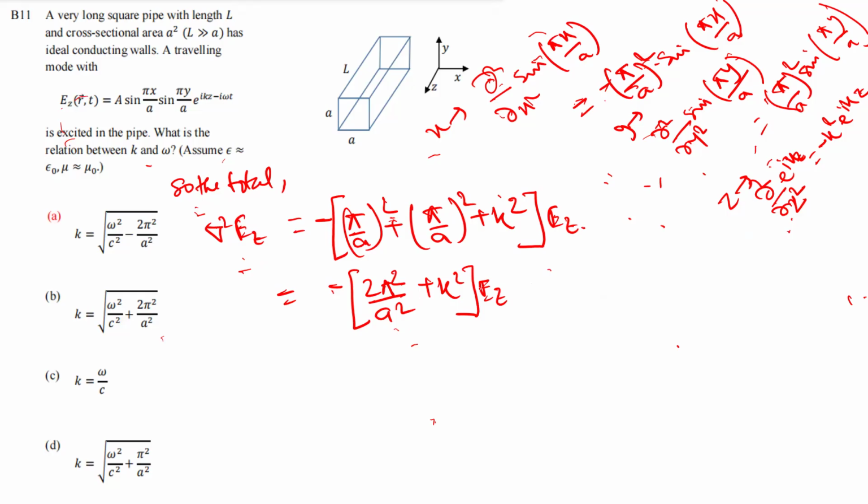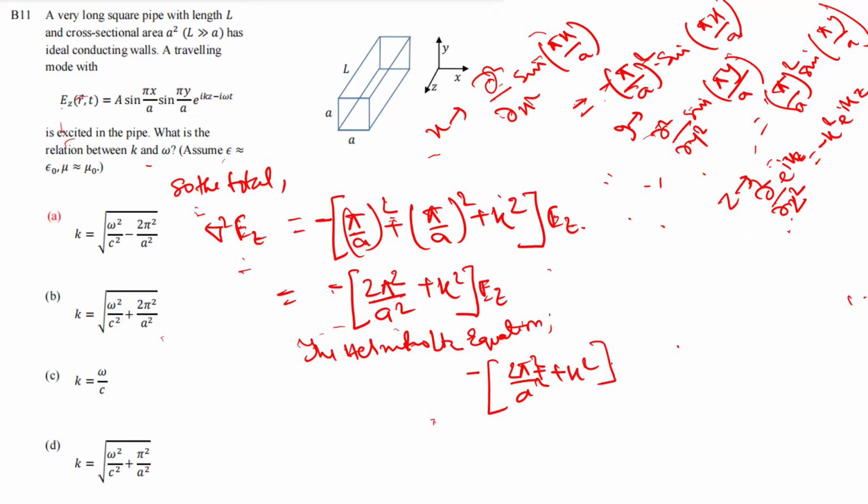The Helmholtz equation is minus 2 pi square by A square plus k square times Ez plus omega square by c square Ez equal to 0, which implies that k square equals omega square by c square minus 2 pi square by A square.